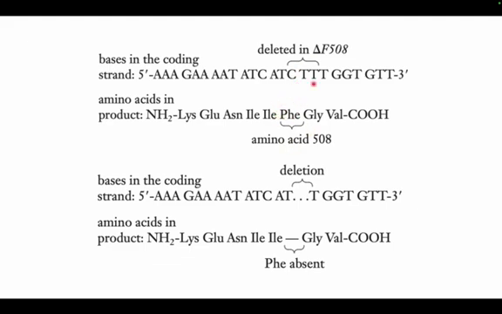However, in a disease allele, these 3 bases are deleted. As a result, phenylalanine is absent in the amino acid product, which gives rise to the disease condition. And so we can actually produce DNA probes, one for the wild type, one against del F508, and detect the presence of these 2 alleles in the patient DNA.